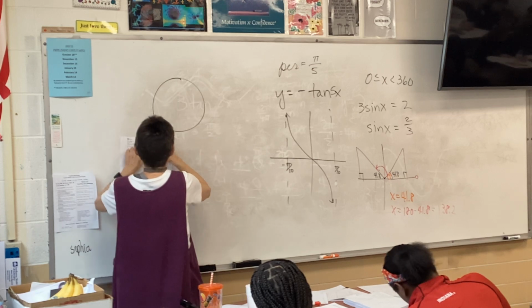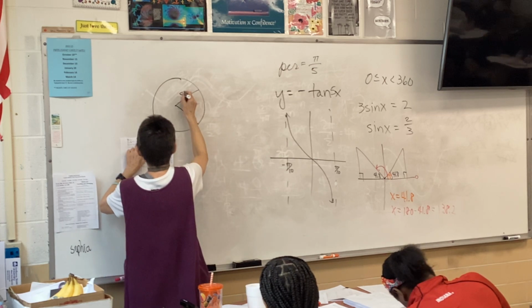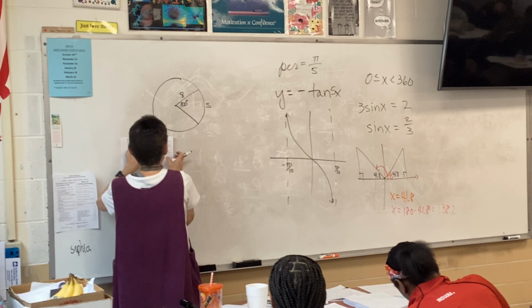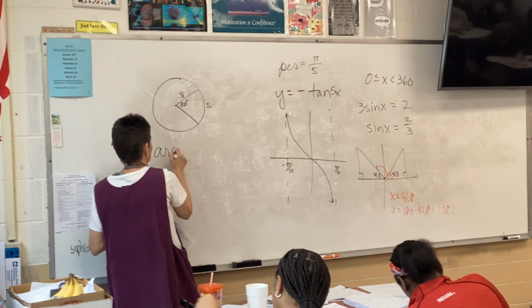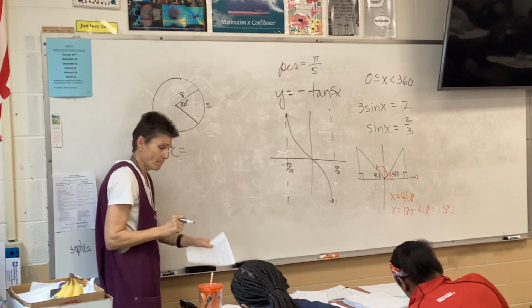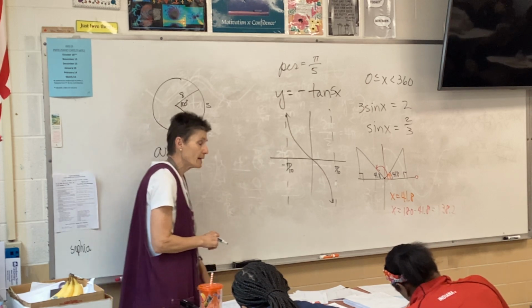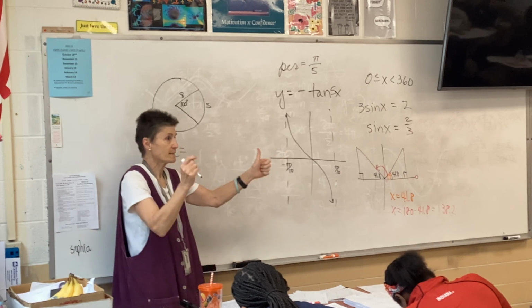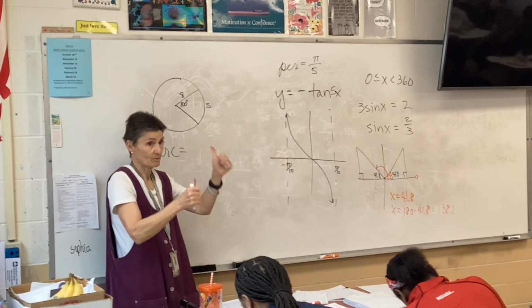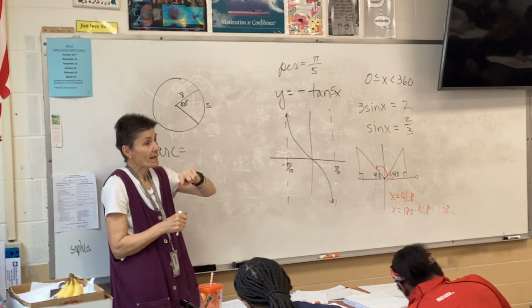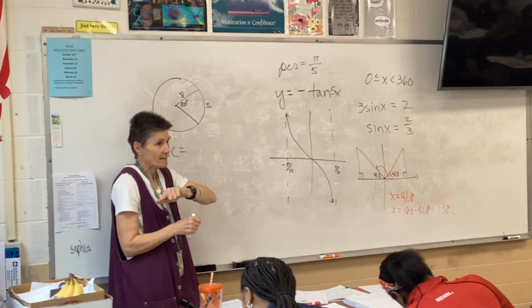First one says, if the radius is 8 and the angle is 100, find the arc length. So remember, arc length is simply the radius times the angle. That's it. But the problem is, the angle has to be in radians.